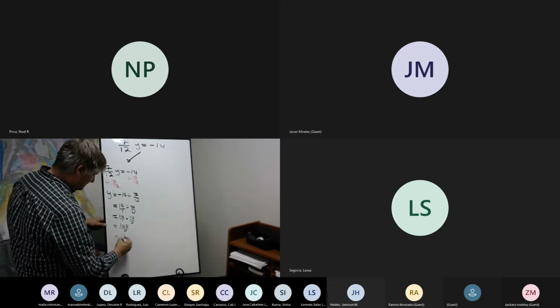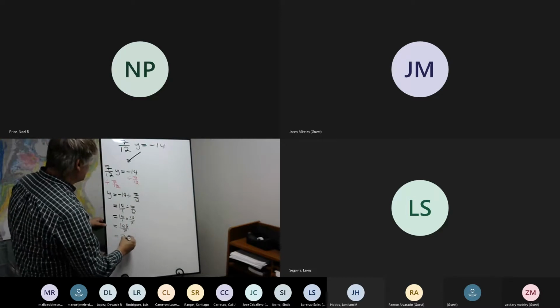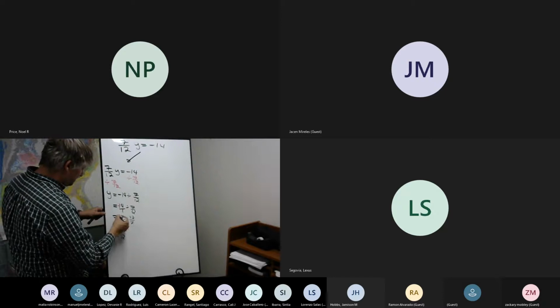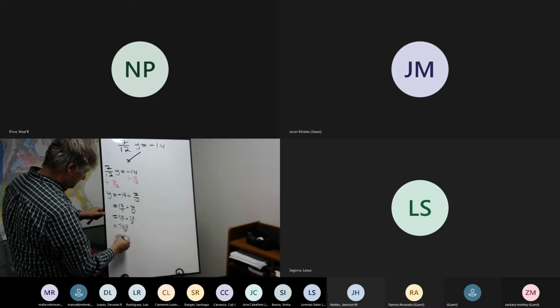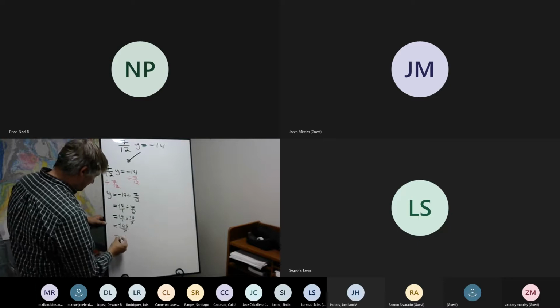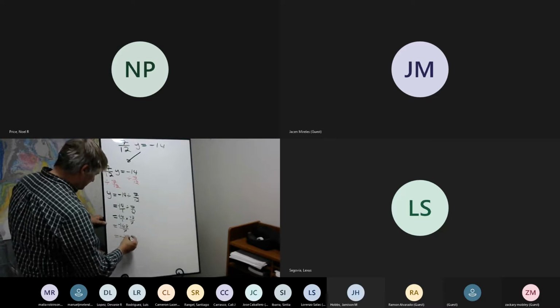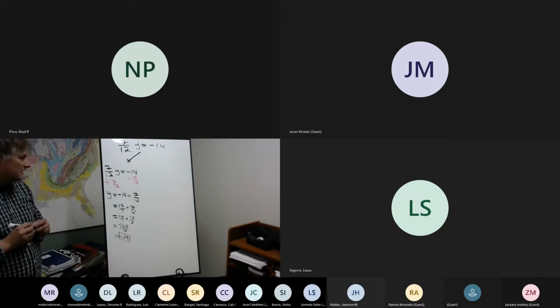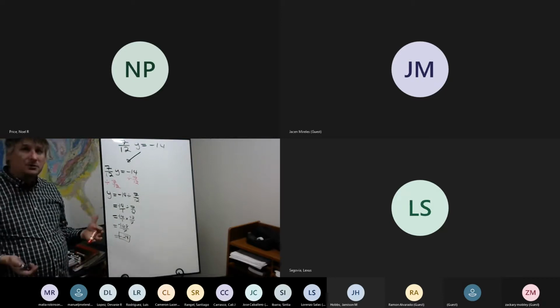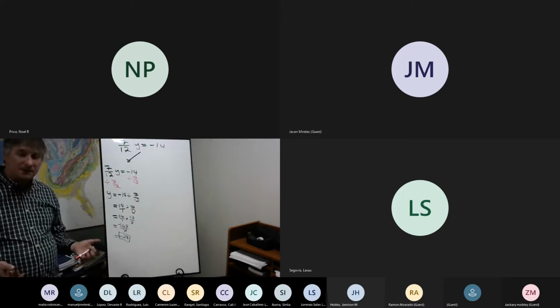Again, we get 24. Oh, this is a -14. I forgot my negative. So that's using what we know about fraction division. We can divide both sides by that fraction. We'll still get the same answer.